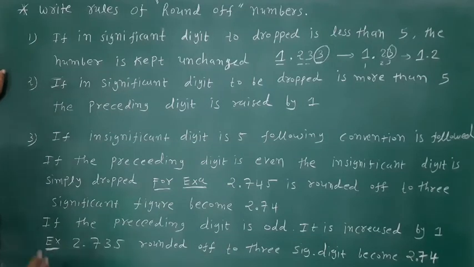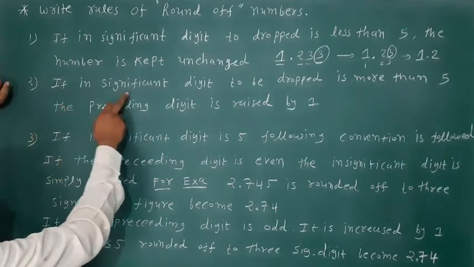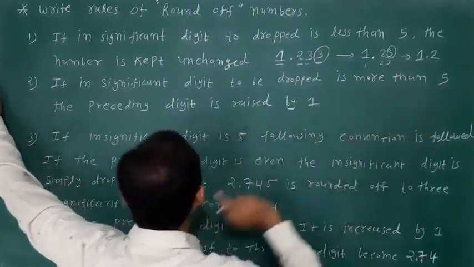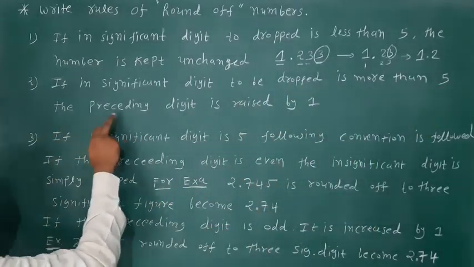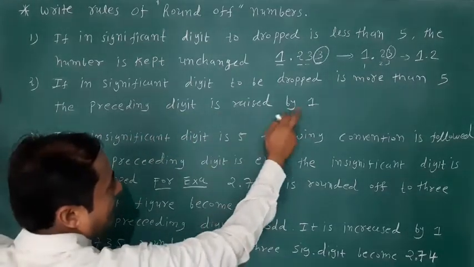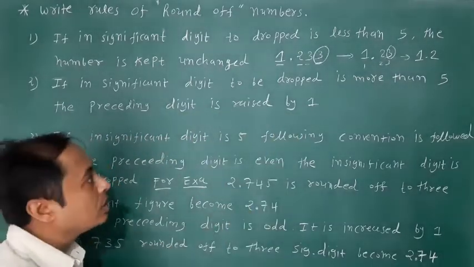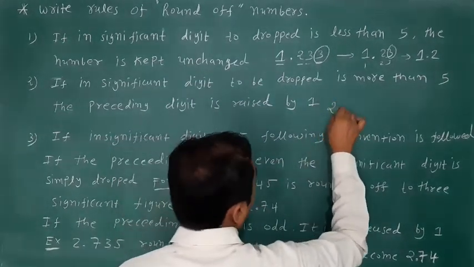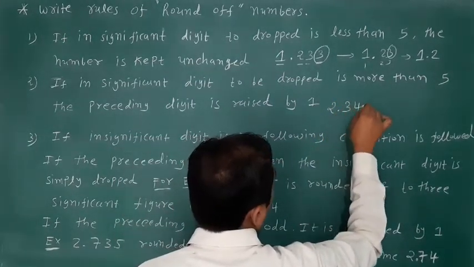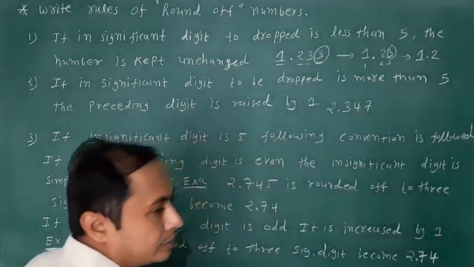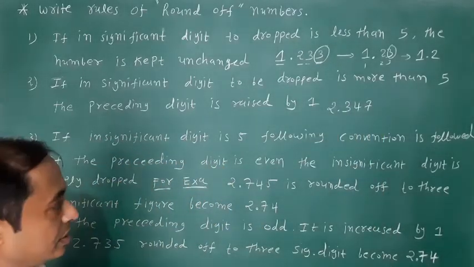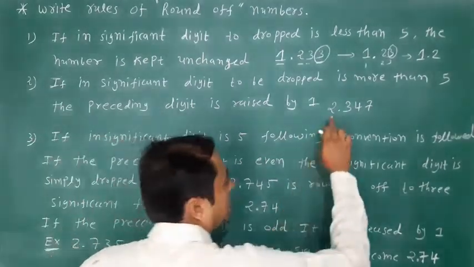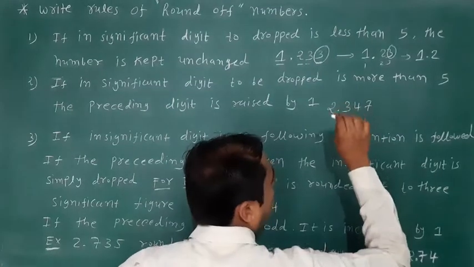Second, if the insignificant digit to be dropped is more than 5, the preceding digit is raised by 1. Suppose, now we show one example, 2.347. Okay, in this number we have four significant digits.